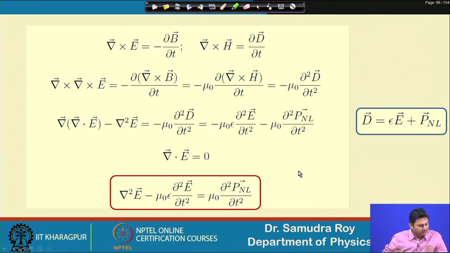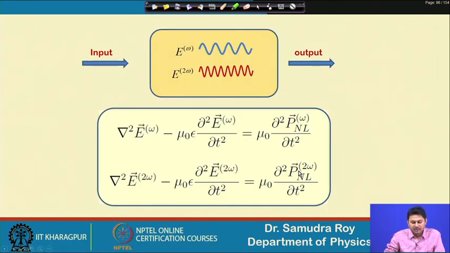Okay. So, the next thing is what happens when we have the electric field in the system with different frequency components. We have already derived the nonlinear Maxwell's wave equations. So, this is the picture. We launch an electric field, we put some kind of input, and we get output outside, but inside the system, what happens is that we have two frequency components.